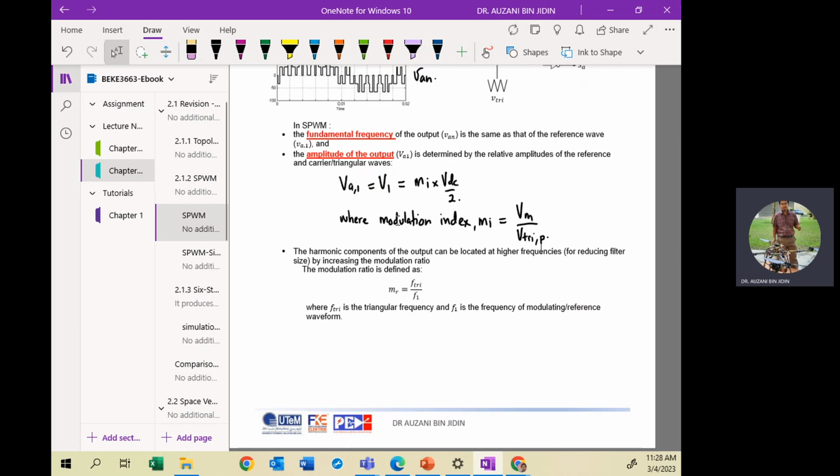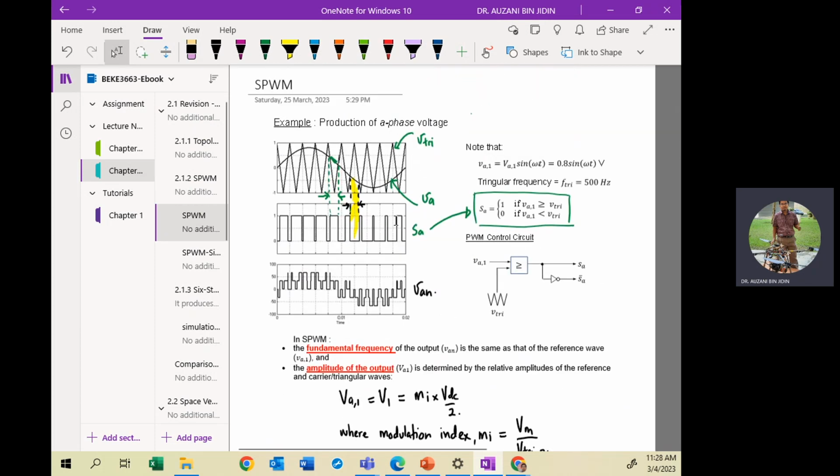Okay, so in order to control the inverter using this technique, sinusoidal pulse width modulation, you can apply two control parameters. The first control parameter is the modulation index, MI. By controlling MI, you can obtain the desired fundamental component V1.